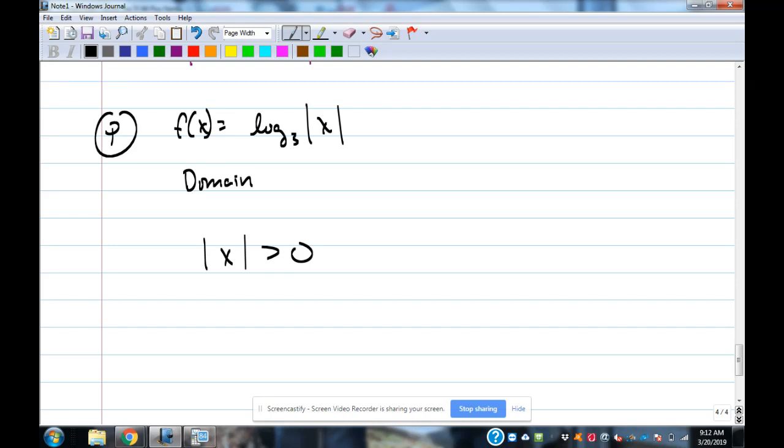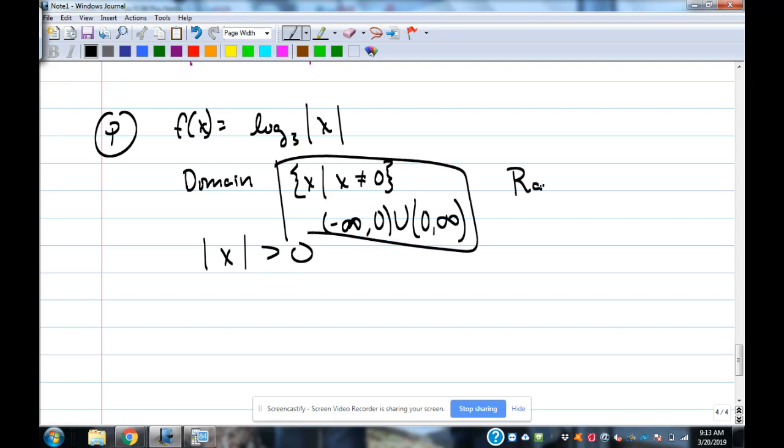That's true. Okay, so what number is thrown out? 0 is the only one we can't have, right? So all x's that are not 0. From negative infinity to 0 union 0 to positive infinity would be the interval notation for that. And range, negative infinity, positive infinity.